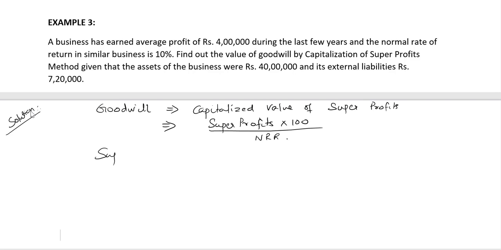We'll get the super profits by taking the average profits minus the normal profits.